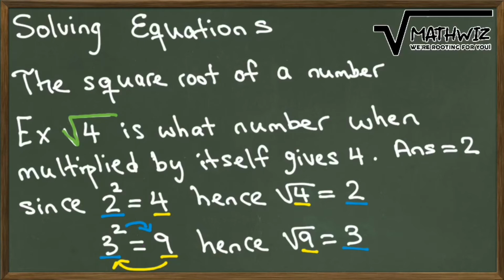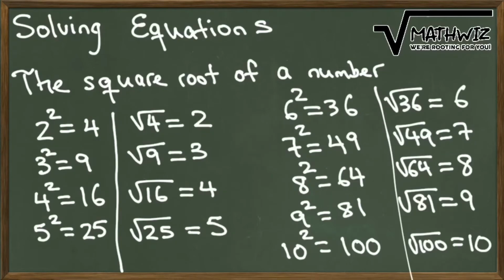I'm going to do a few more examples like this so that you can see all of them, and then we'll go through and work our first example. Continuing with the pattern, 4 squared is 16. Therefore, the square root of 16 would be 4. Hopefully you are picking up the pattern.